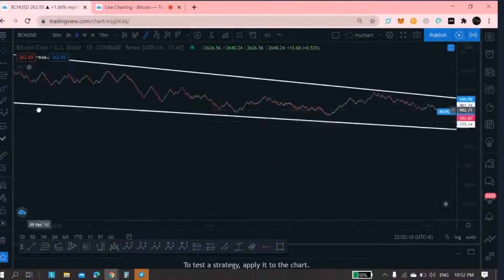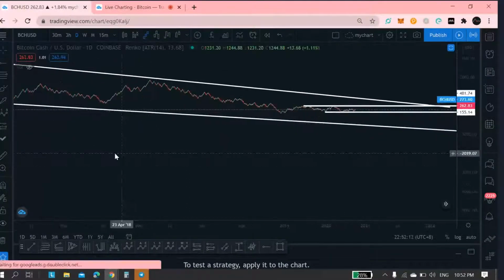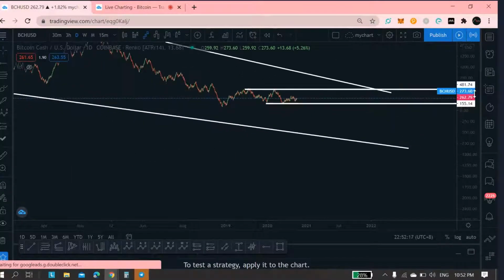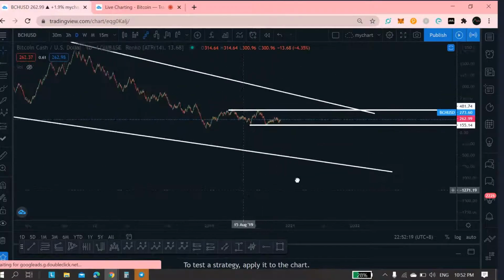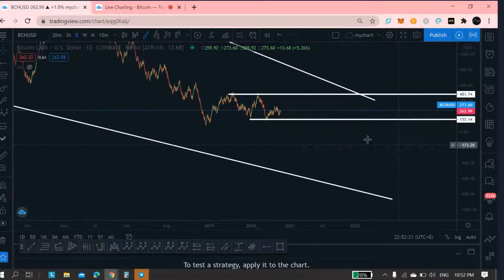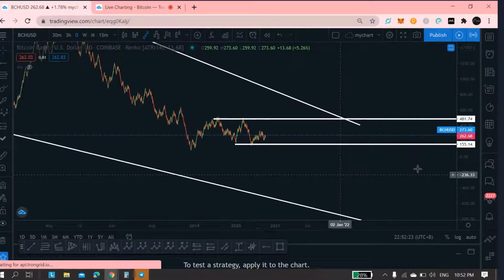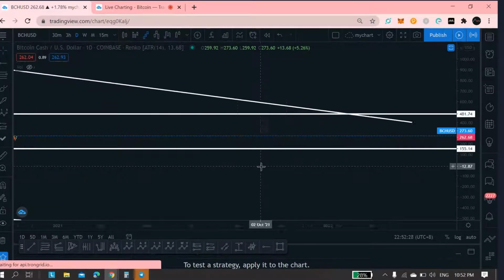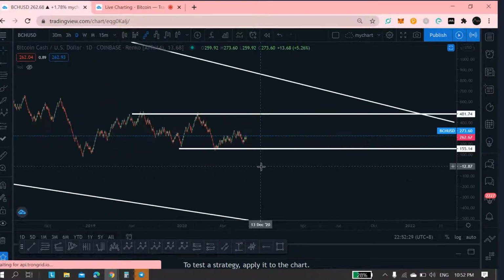I think we can just use that. The same trend. Oh, at least here, using the daily Renko chart, oh, there's already a bullish Renko chart.